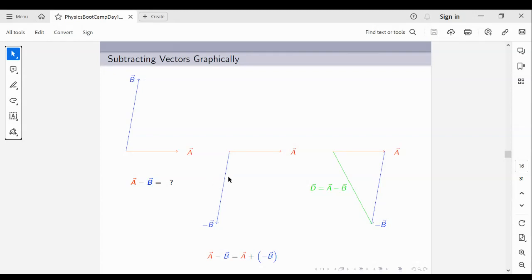So I'm going to move minus B, the tail of minus B, to the head of A, and then I'm going to draw an arrow from the tail of A to the head of B to get what A minus B equals. Again, that's the reason I brought up scalar multiplication by -1, so that we could then define vector subtraction.